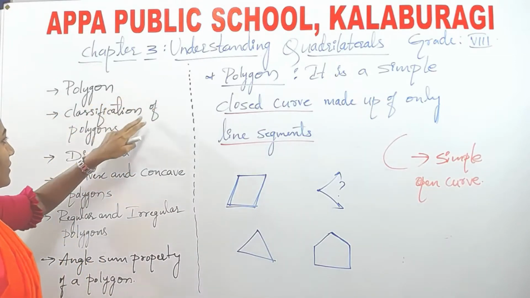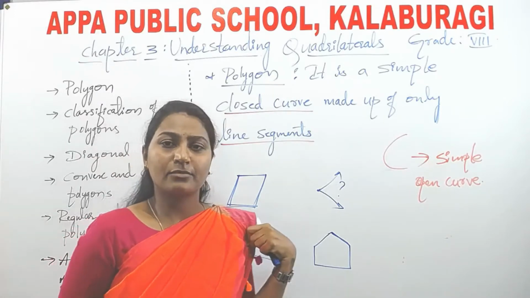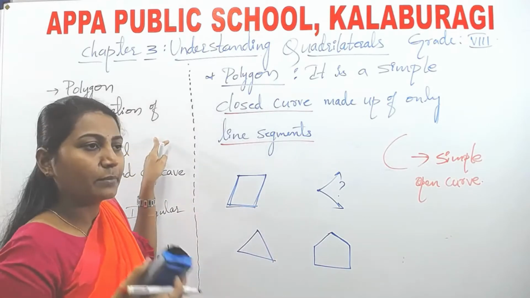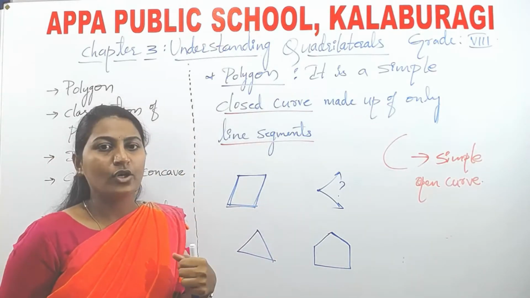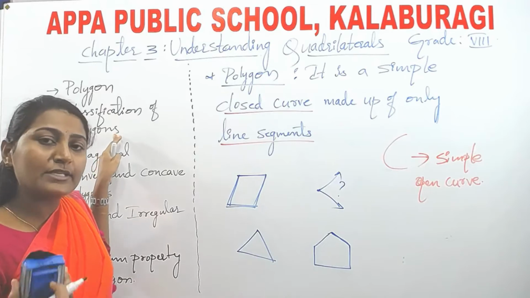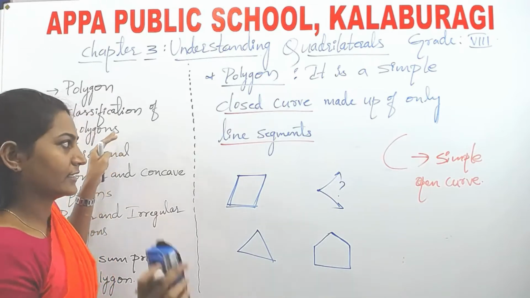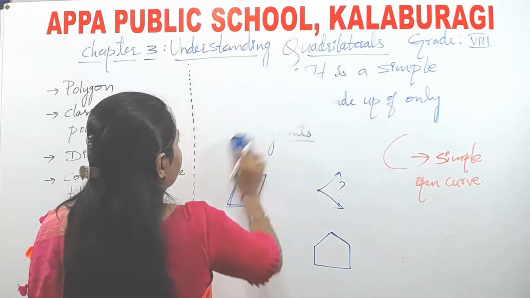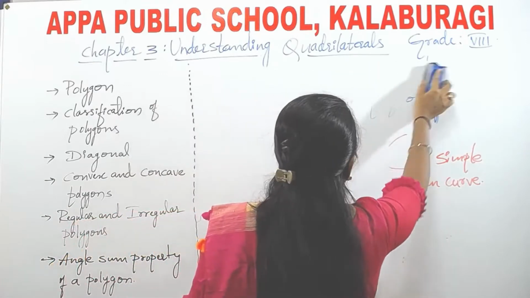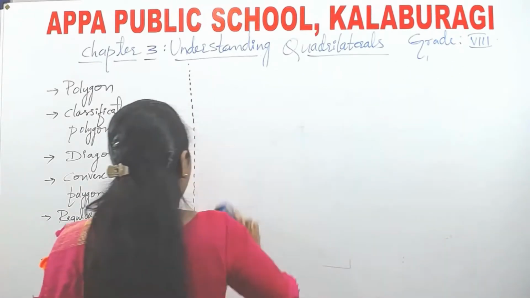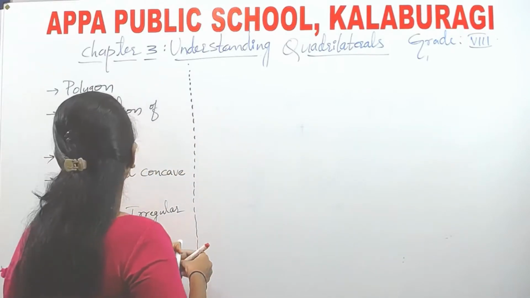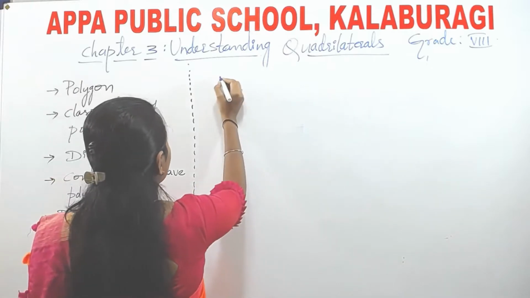Now let's see classification of polygons. So how have the polygons been classified? Let me tell you, the polygons have been classified based on the number of sides or based on the number of vertices. Second one is classification of polygons.